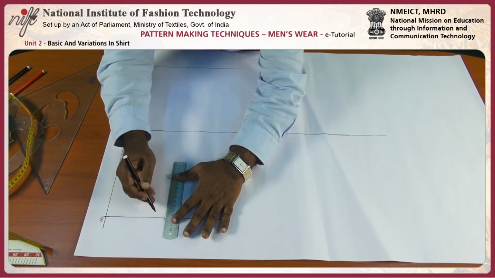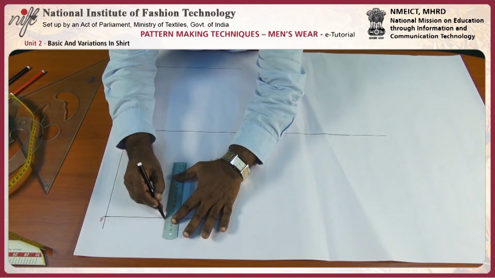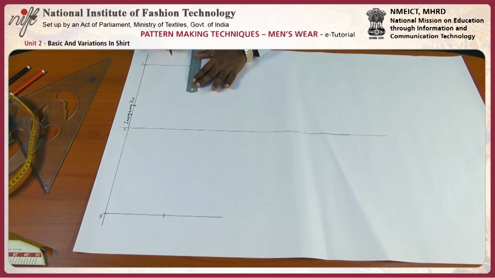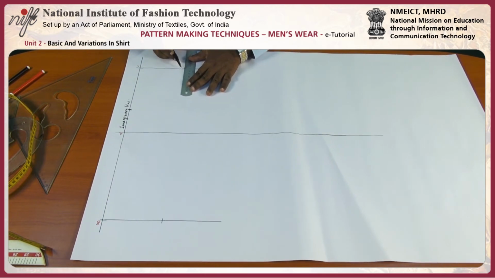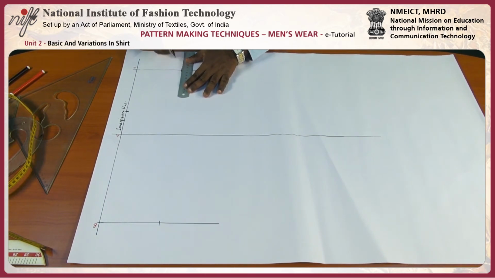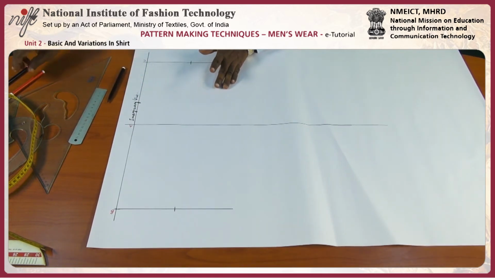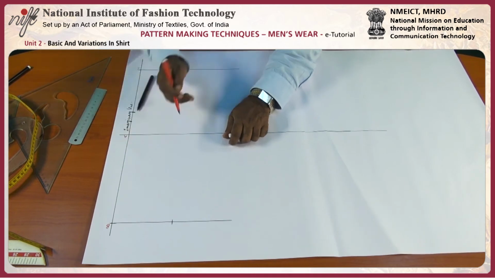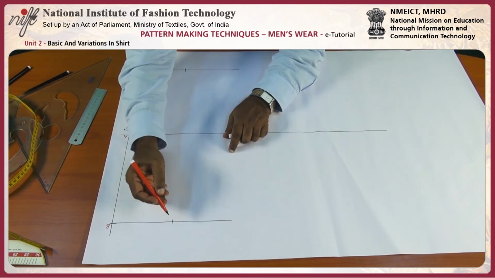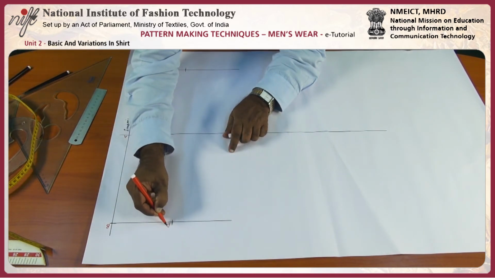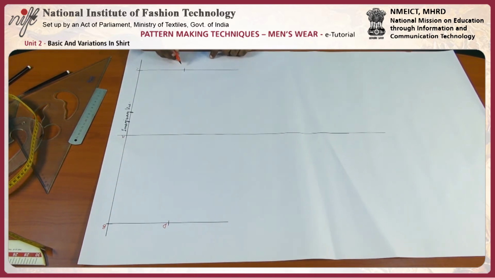Can be given proper cross mark as I was mentioning earlier. This will be point D and this is point E.